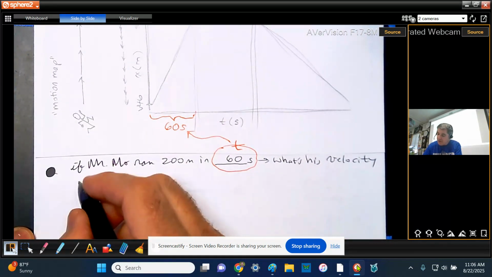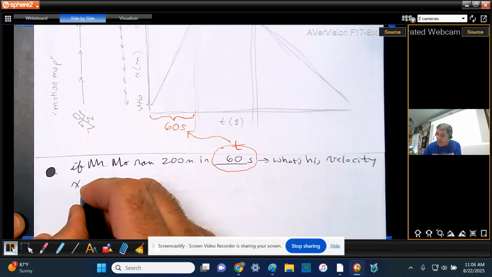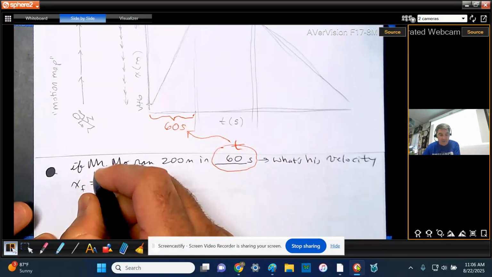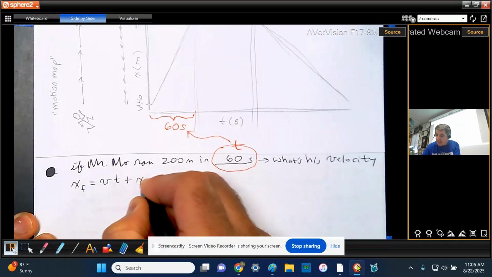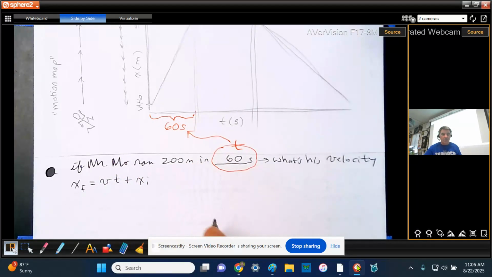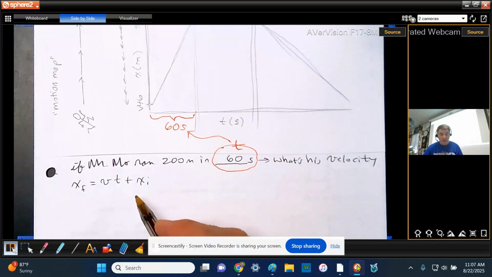So this is our original equation. This is y equals mx plus b form: xf equals vt plus xi. Remember, we're taking these notes for class. xf equals vt plus xi. Now what I want to do is something that you would try to do if you were in AP Physics.